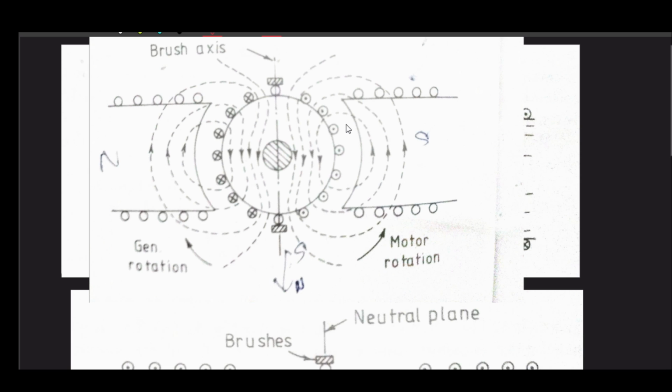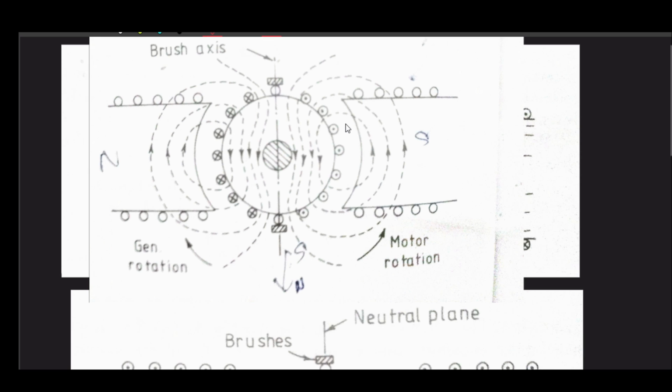So basically you have two magnetic fields acting in quadrature. One is the magnetic field produced by your field winding, which obviously you can expect to be somewhat stronger, and the other field is in quadrature with your original field, and the intensity of this magnetic field varies with your armature current.